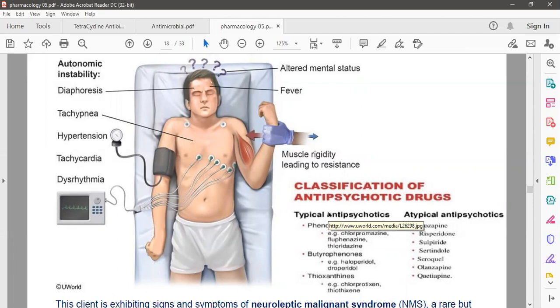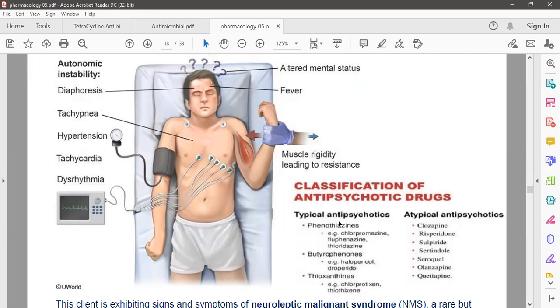Okay, so all typical antipsychotic drugs work best on positive psychotic syndrome. So in patients who have positive psychotic syndrome, the typical antipsychotics work better. The most common typical antipsychotic we use is haloperidol, or chlorpromazine, also called thorazine.